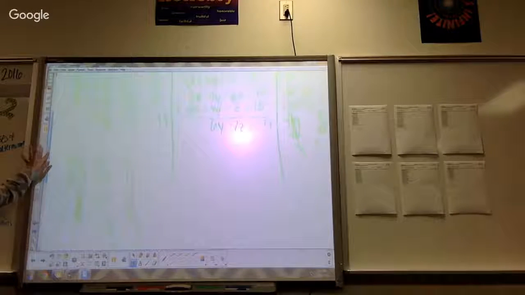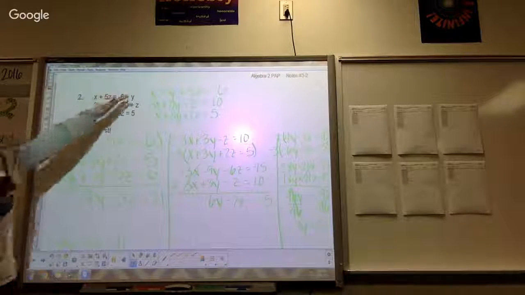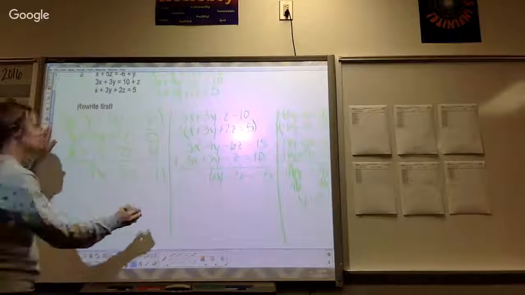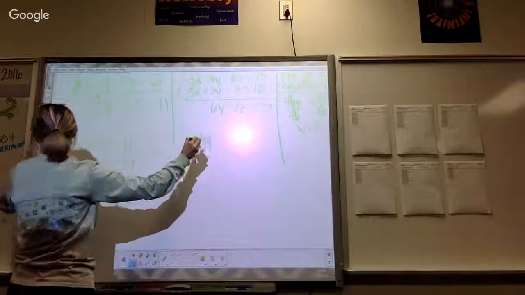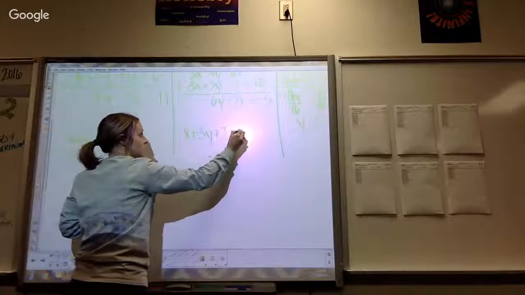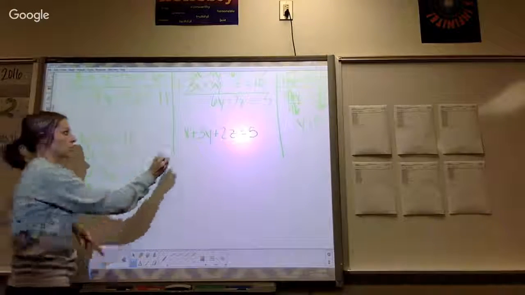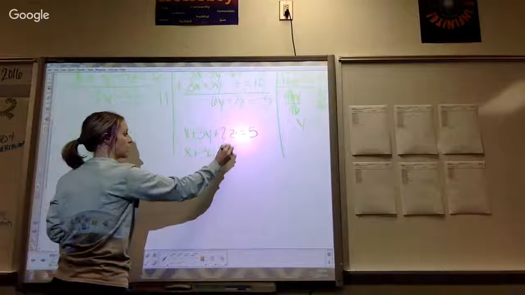So we found y, z. We're looking for x. So we would have to use one of these original ones. I'm just going to use that bottom one. So that's x plus 3y plus 2z equals 5. Looking for x, I'm plugging in a 2 for y.